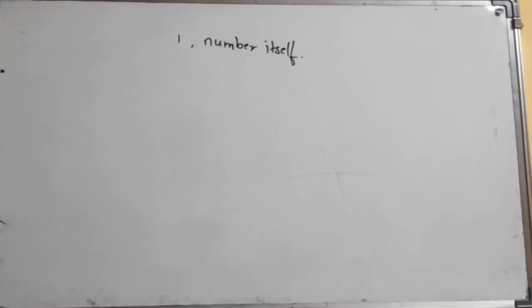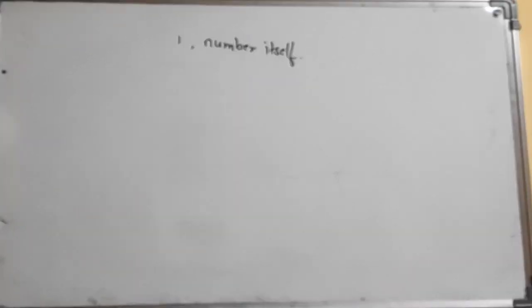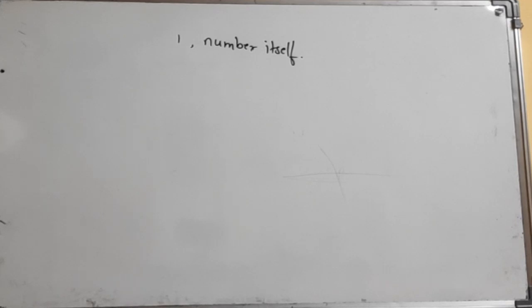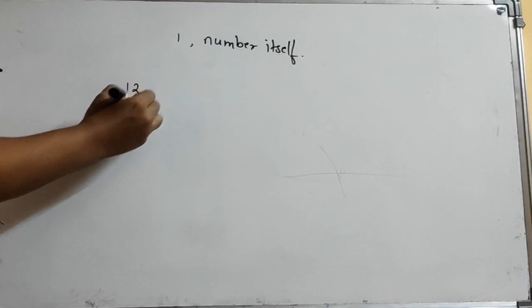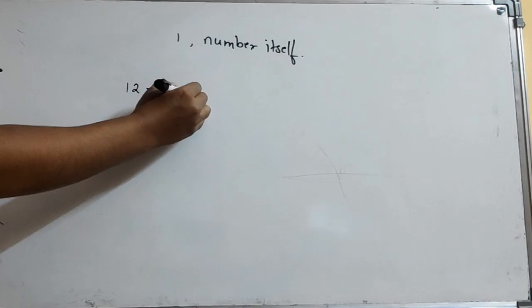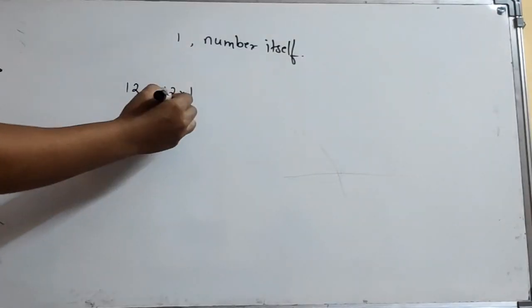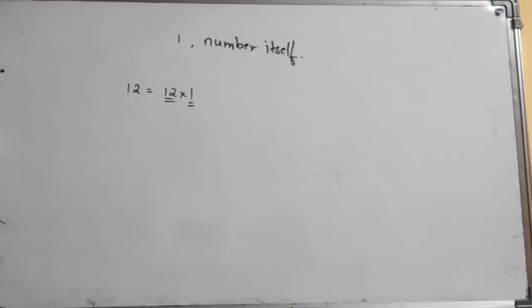So for every number, 1 and the number itself are always factors. Understood? If I say the number 12, how can you write 12? You can write 12 as 12 into 1. So the number itself and 1 are always factors of a given number. You can try with any number.